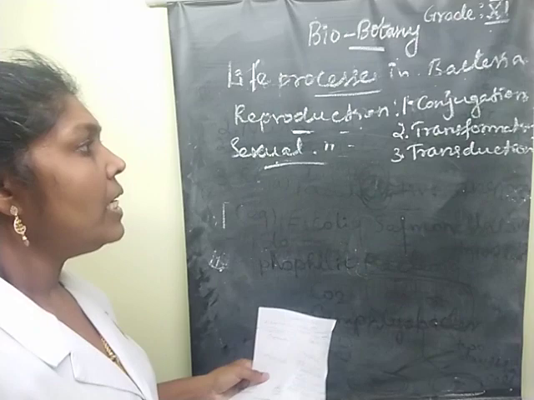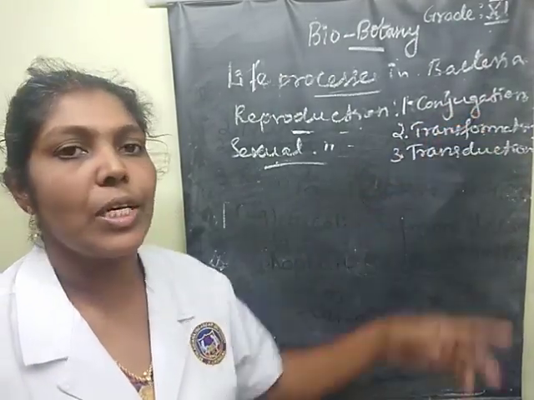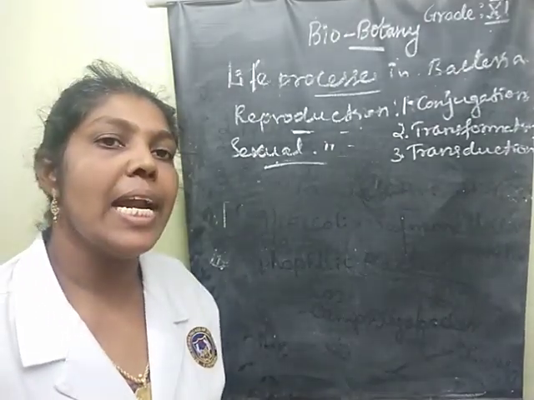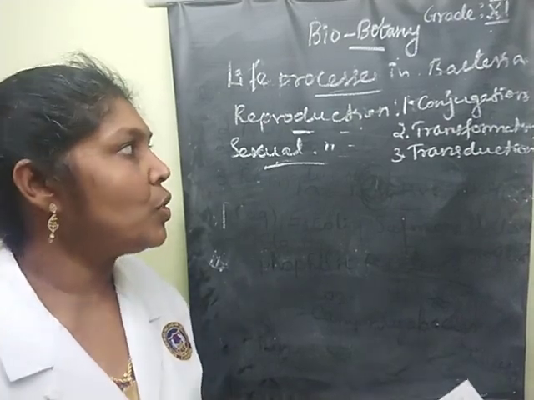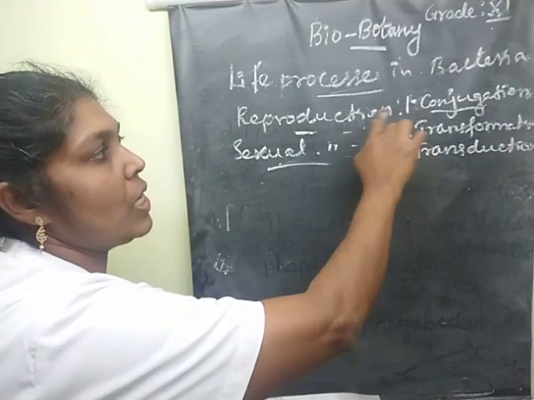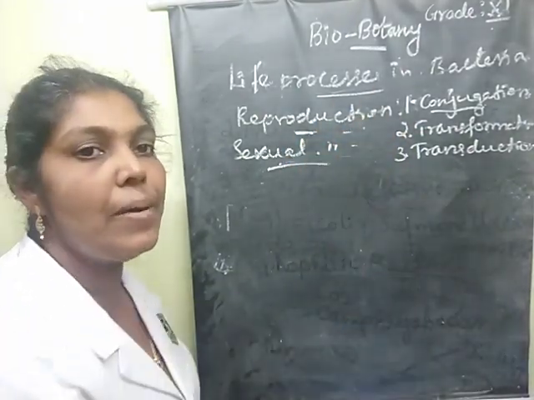The first method is conjugation. Conjugation was demonstrated by Lederberg and Edward L. Tatum. Clear? These two persons demonstrated conjugation, the type of sexual reproduction in bacteria.